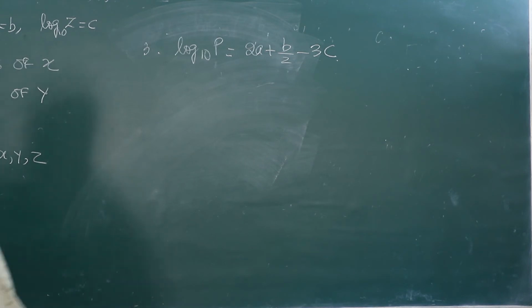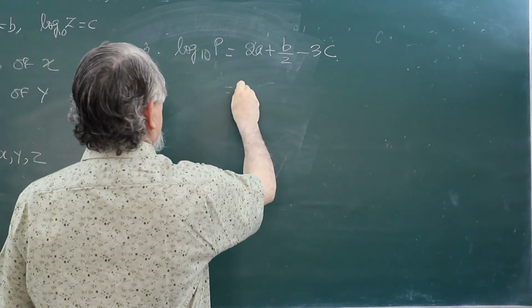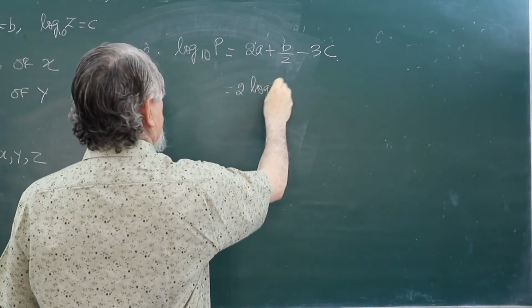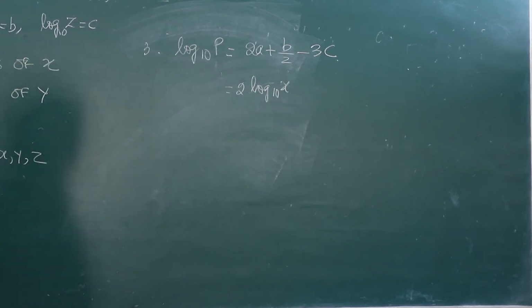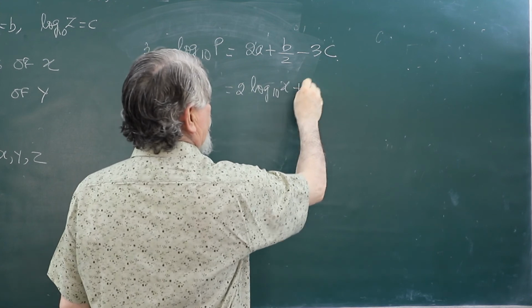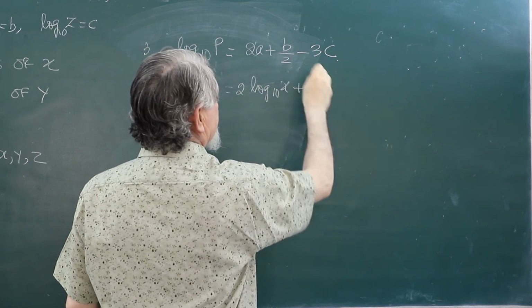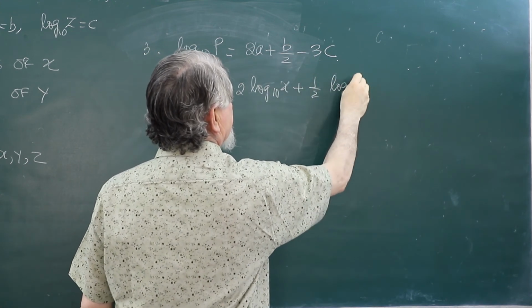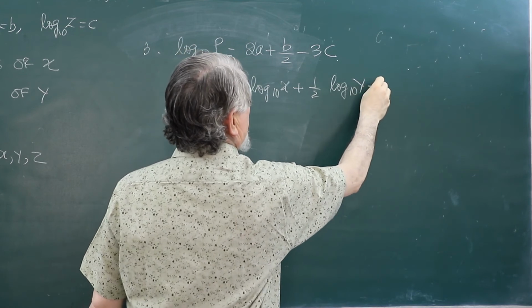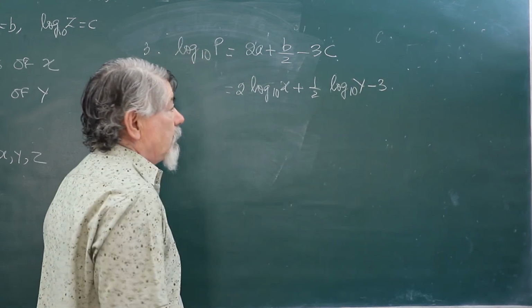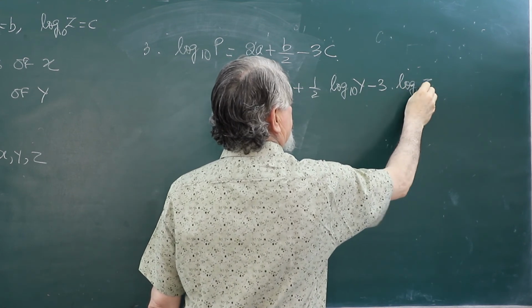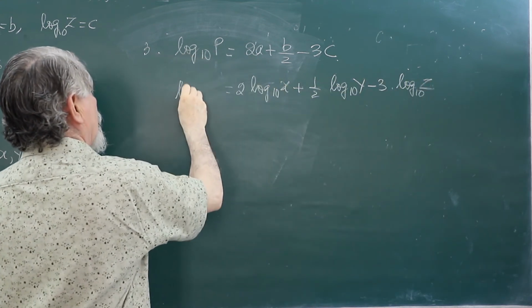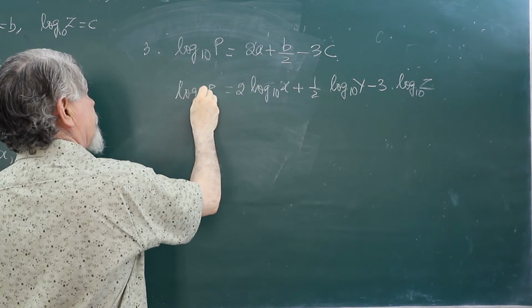Instead of a, I'll write 2 into log x to the base 10, because a is log x to the base 10. Plus 1 upon 2 of b, where b is log y to the base 10, minus 3c, where c is log z to the base 10, is equal to log p to the base 10.